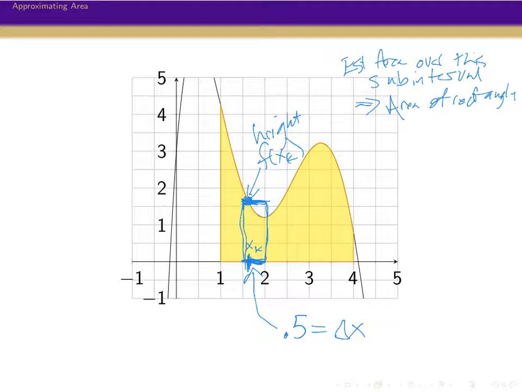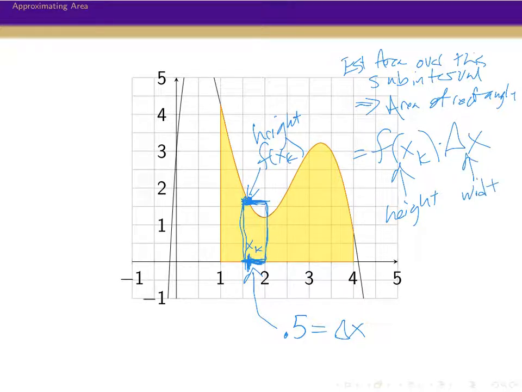And how do you get the area of a rectangle? Well, it's going to be the base times the height. So the height here is f of xk. Multiply it by delta x. So this is our height. This is our width. Multiply those together. That's going to give us this estimated area here.